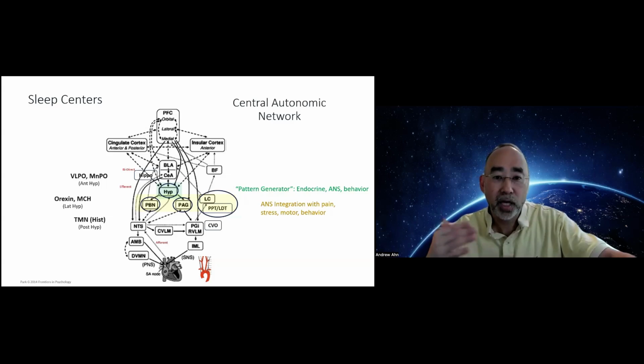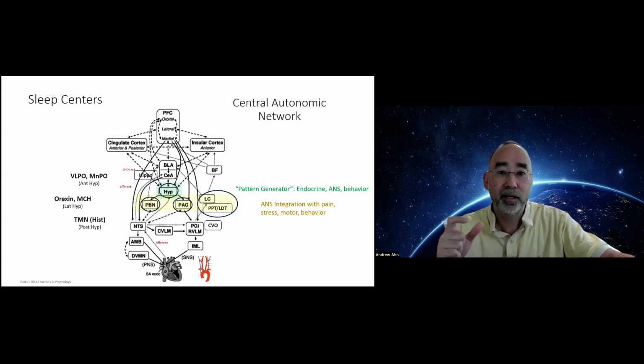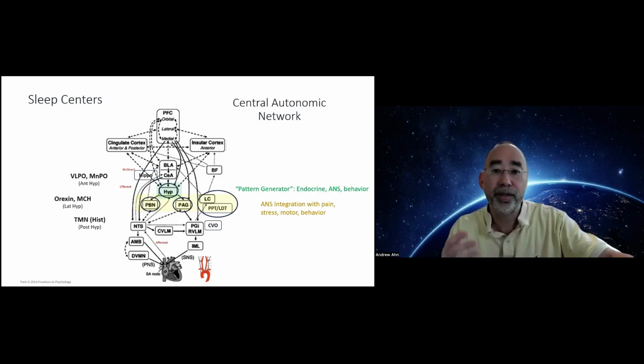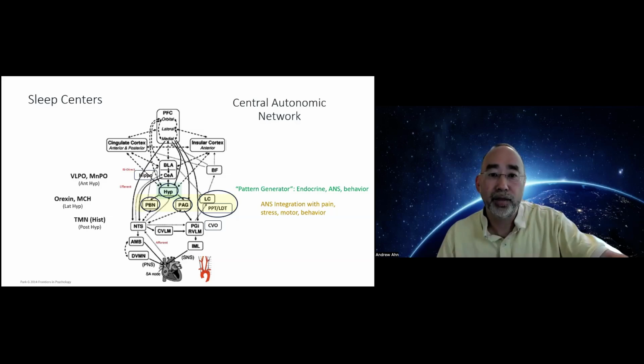So this anatomical overlap underscores that sleep is not just the process of shutting down. Instead, it's deeply integrated with the autonomic nervous system, which is the system responsible for regulating heart rate, digestion, and stress response. And so the neurovisceral integration theory posits that these brain regions collaborate to coordinate our internal body state with our behaviors and environmental responses.